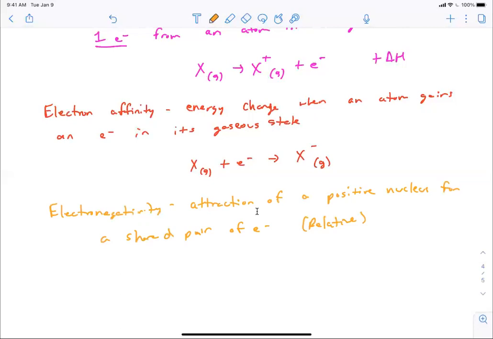It goes from 0.7 to 4.0 and doesn't really have a unit. It's just a scale derived from its interaction with each other. Francium is your 0.7 and fluorine is your 4.0, because fluorine has a combination of characteristics that make it the best at electronegativity: a small radius and a large effective nuclear charge, because it has the most protons in that period other than the noble gas, which doesn't bond. So it has the greatest attraction for its electrons. That's the idea of electronegativity.